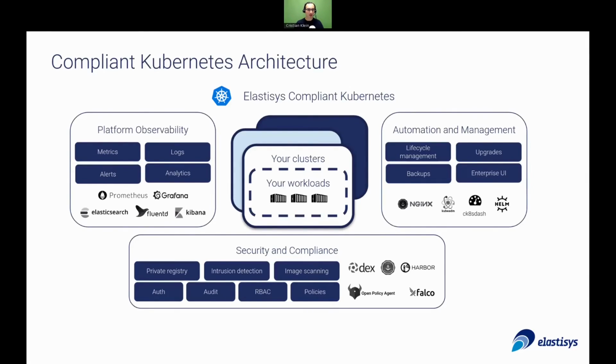And the way we have architected it is that in the middle, you have your cluster with your workloads. In these, we run a minimum number of tool sets, for example, for log forwarding and intrusion detection. However, all the rest, the most important topics for compliance, are actually running in a second Kubernetes cluster where we collect logs and metrics and where all the alerts and all the detected intrusions are stored.